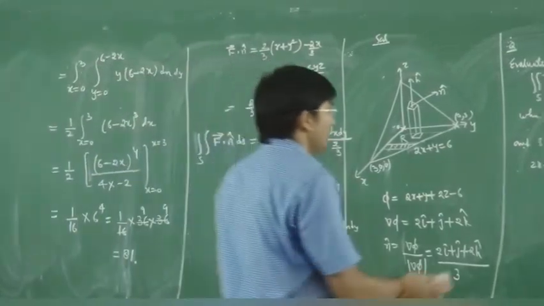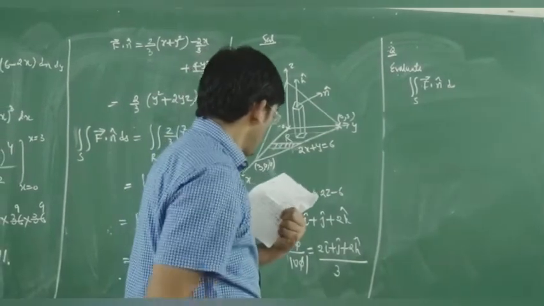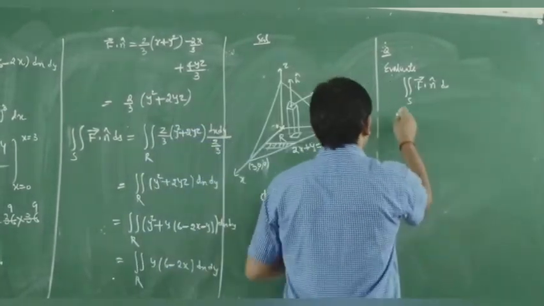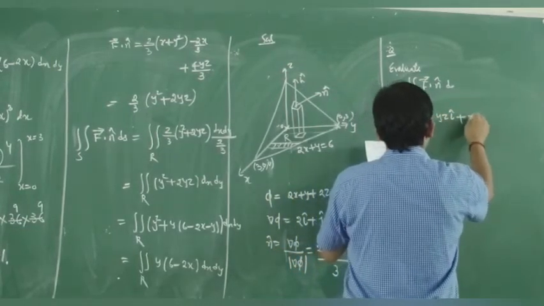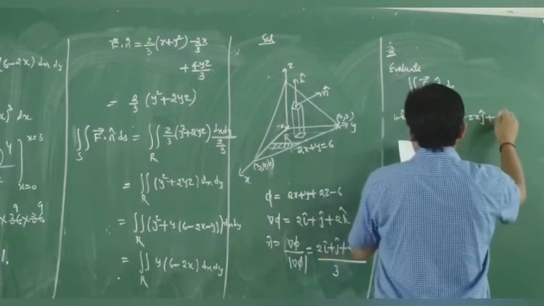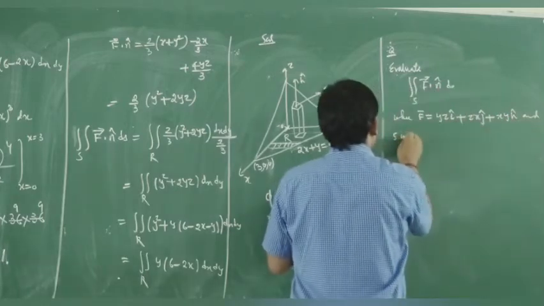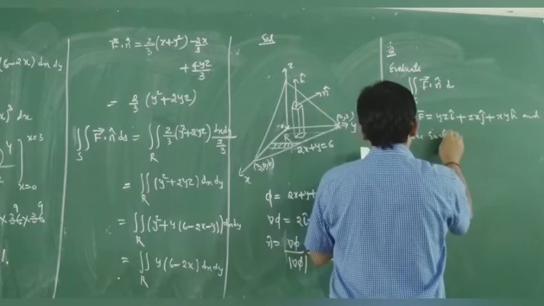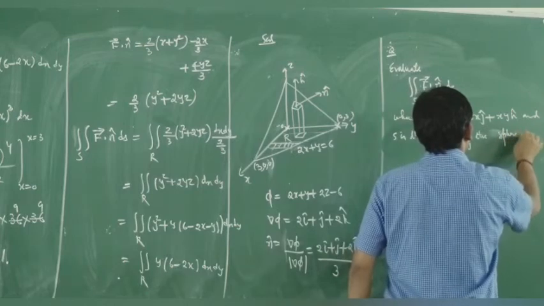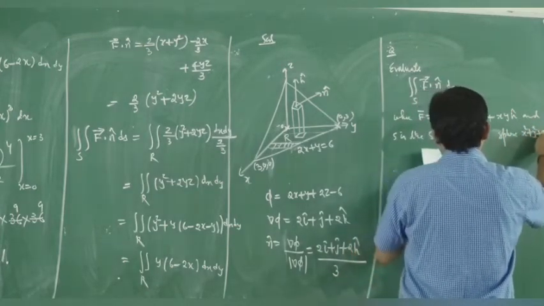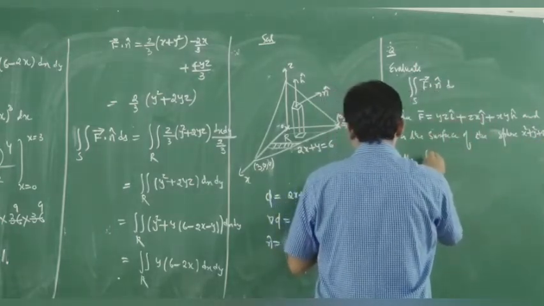Then our next question is to evaluate this double integral, where F is equal to yz i plus zx j plus xy k, and S is the surface of the sphere x square plus y square plus z square equal to 1 in the first octant.